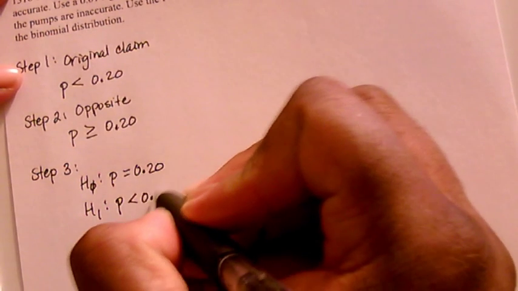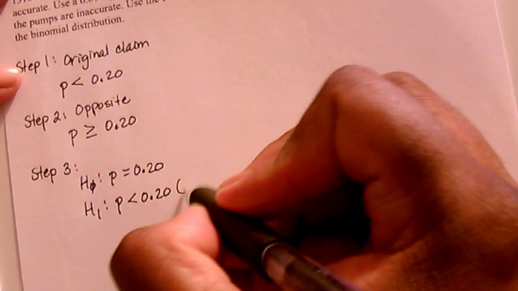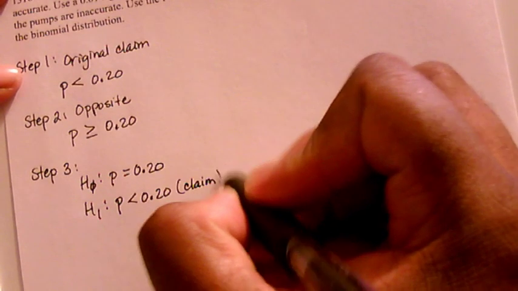So in this case here, your null will always have an equal sign in it. So it's going to be P is equal to 0.20. Now the alternative always has either less than or greater than or not equal to. This one has the less than symbol. So that's your alternative hypothesis, and that's also the claim.